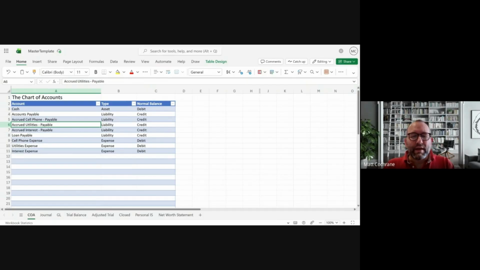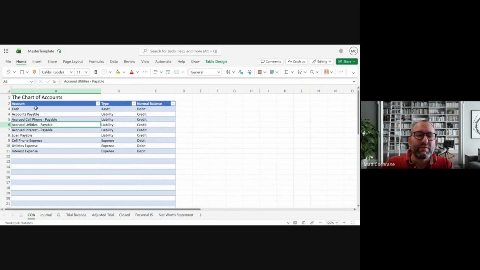So we're at month end, and what we need to do now is debit the phone expense for the amount since the last payment and the last expense was recorded. And we're going to say that that's $45 because it's representing half of the $90 bill.